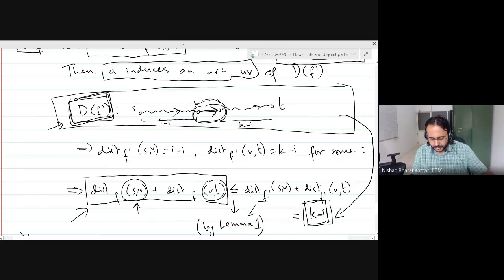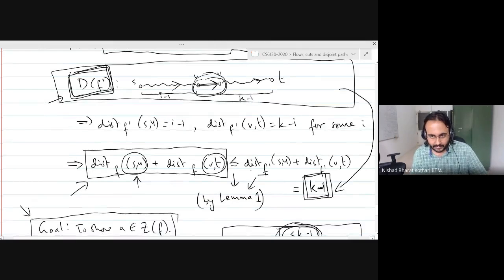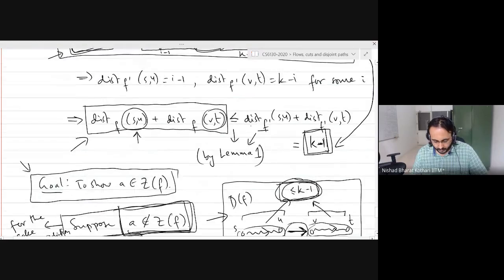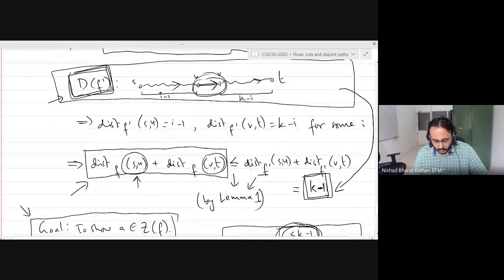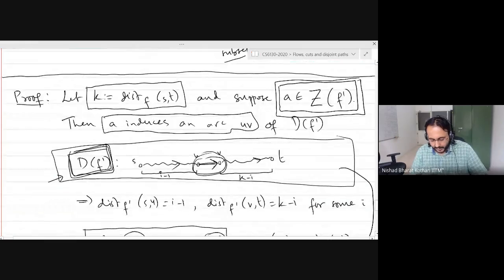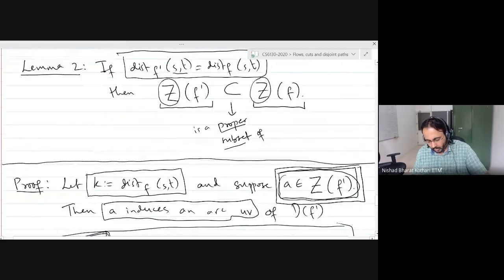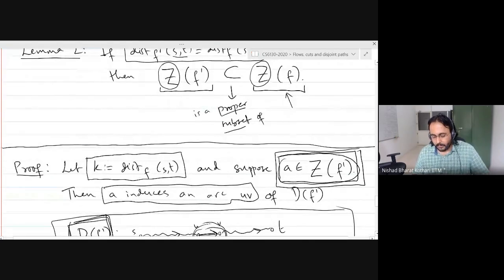So that is a crucial observation that we'll be using later in the proof. Now let's go back to our main goal. We have taken an arc in this set. So our goal is to show that this arc also belongs to the right hand side. That will prove that it is a subset, and then we will focus on the proper subset part.